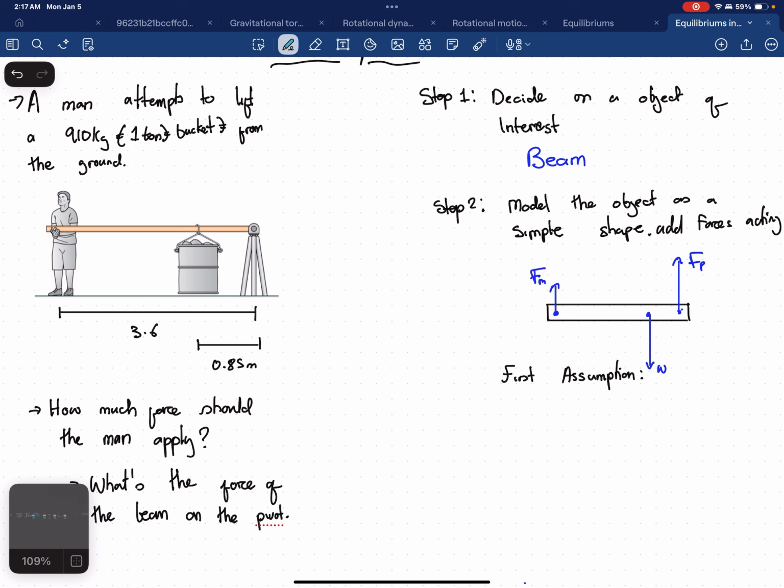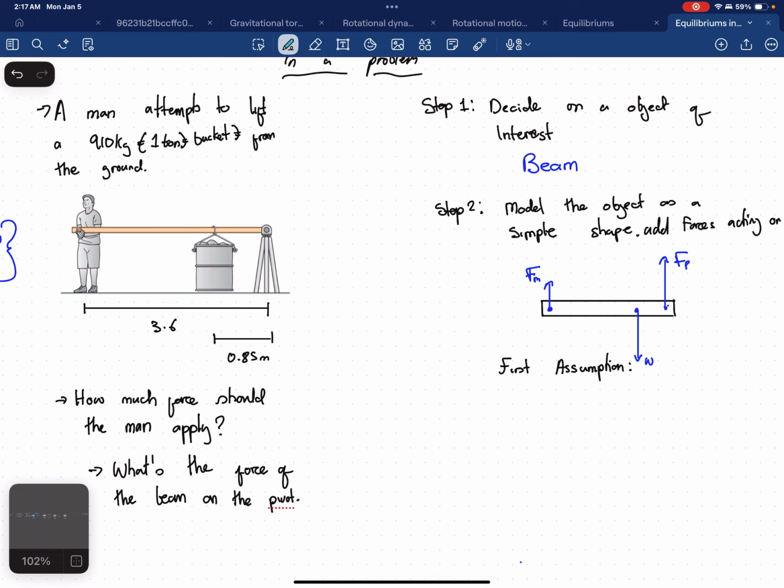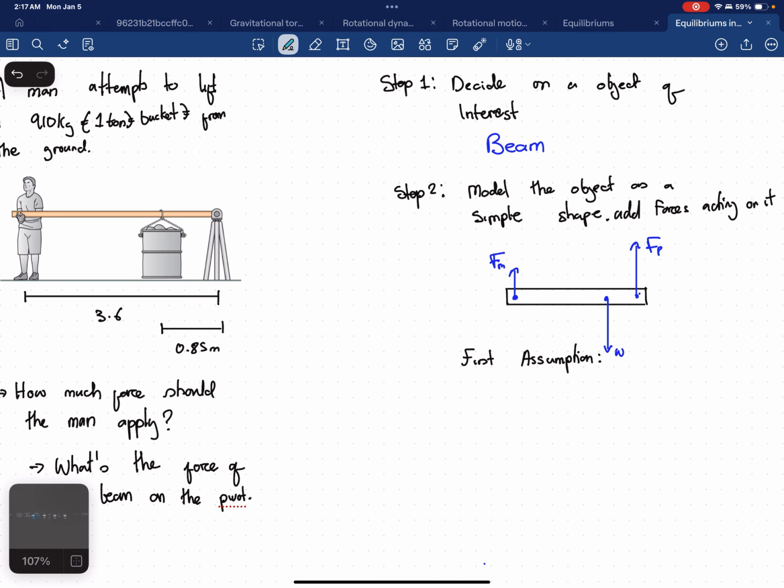Now, you might wonder why I have these vectors of different sizes. This brings us to our first assumption of equilibrium motion that we can make. Hold on, I forget our first assumption. I remember it.